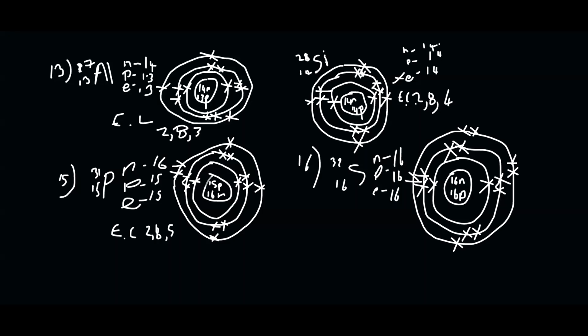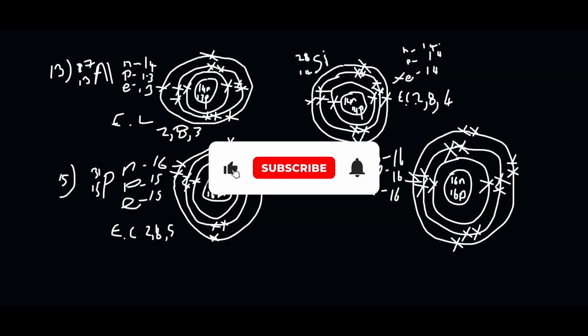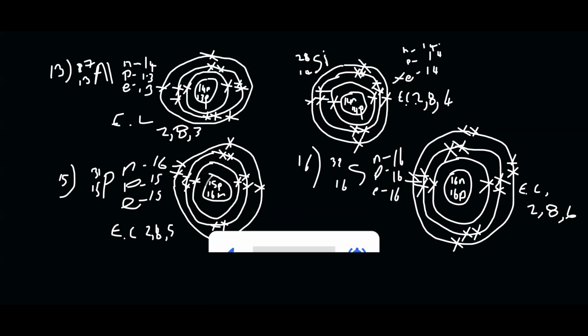What would be the EC now? 286. So our EC now is 286, and for this one, the EC is 285. And now we're moving on to the last 4. So let's move on to the next part.